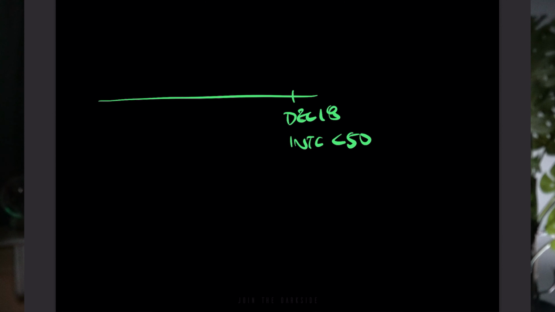So what I'm saying is that by December 18th, the Intel stock will be below $50. Right now, it can hover around here, and it's hovering around my $50 mark. But I want to take the risk, as this is really close to my $50 mark.